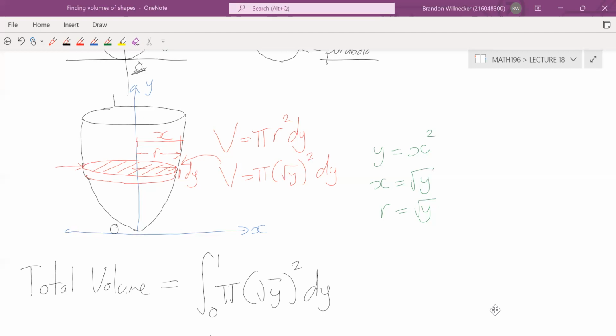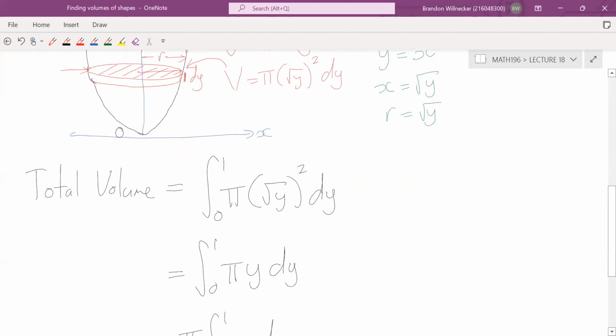So we find the volume of one of these, like we did here, pi times root y squared dy. Then we need to sum all of them up. But remember, we want smaller and smaller discs. So the sum needs to be the limit of a sum, or in other words, an integral. And then that's how we get this formula over here.